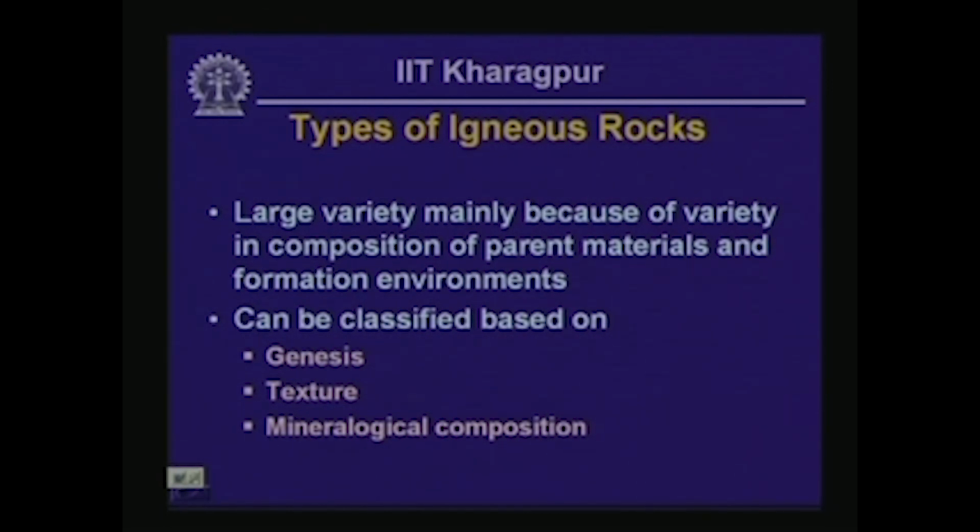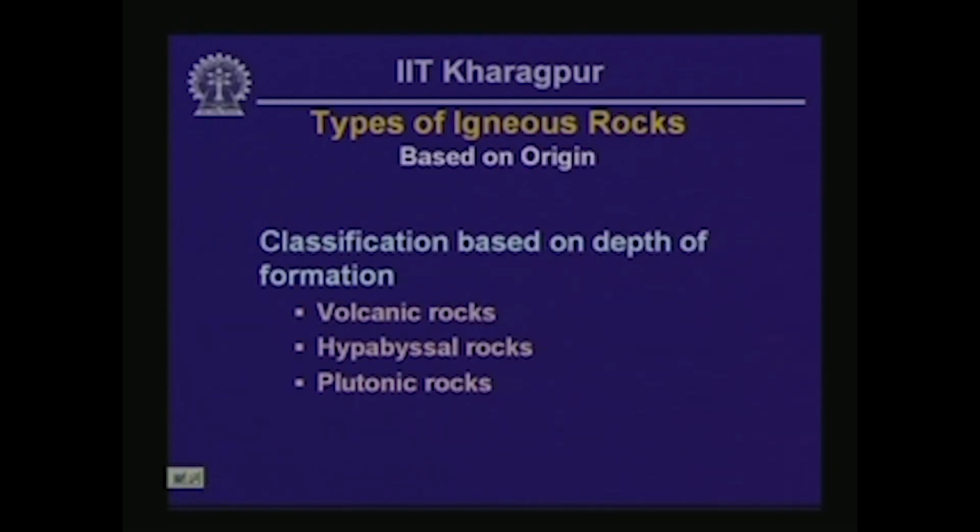Then we are going to look at the texture of individual igneous rocks, or the percentage of crystalline material within the matrix or the orientation of the grains and so on. That is what is known by the word texture. Then thirdly, we are going to look at the mineralogical composition in order to classify igneous rocks.